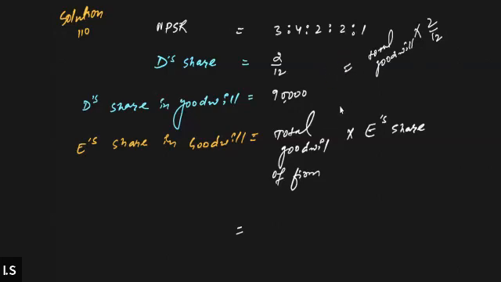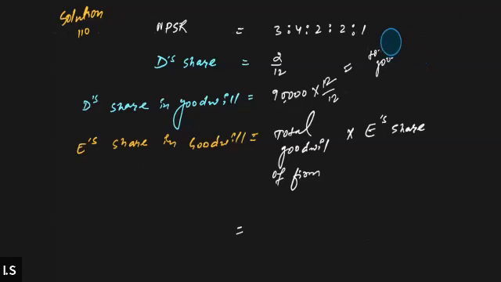Is that right? If we need to calculate D's share of goodwill, we will multiply the total goodwill into D's share. Yes or no? Yes, sir. Now, if we do the reciprocal of the share and multiply 90,000 by 12 and divide it by 2, we will get the total goodwill of the firm. Yes or no?